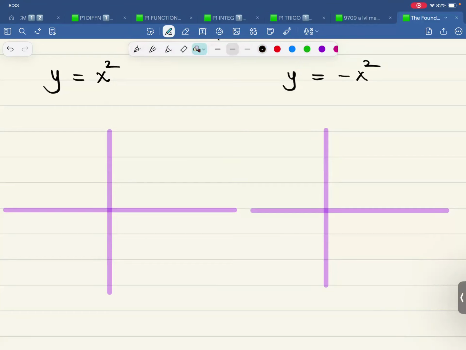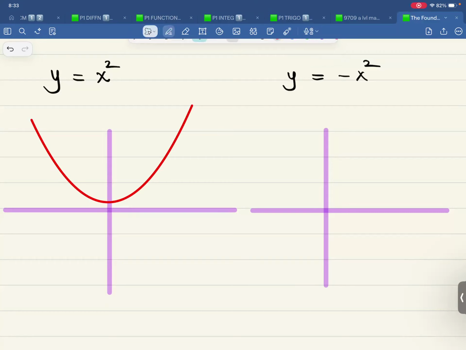Draw the shape. The graph goes like this. That is how the graph looks. That's the graph of y equals x square.